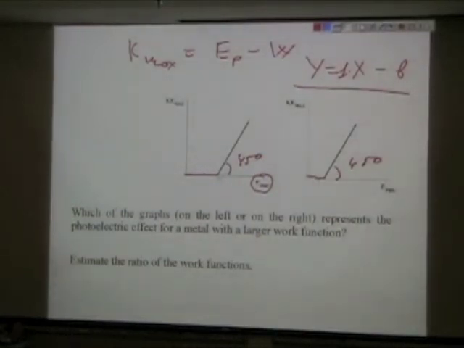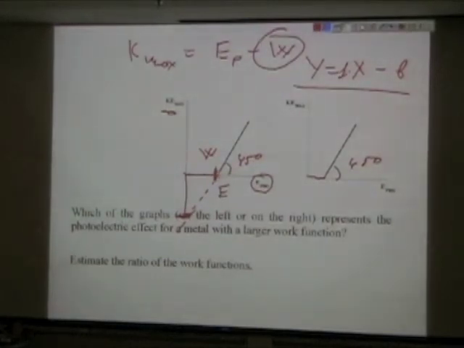Well, below that critical energy, there are no photons. So this graph actually doesn't go down. It ends here because kinetic energy cannot be negative. However, these values are supposed to be equal to the work function. It's just a pure mathematical fact.